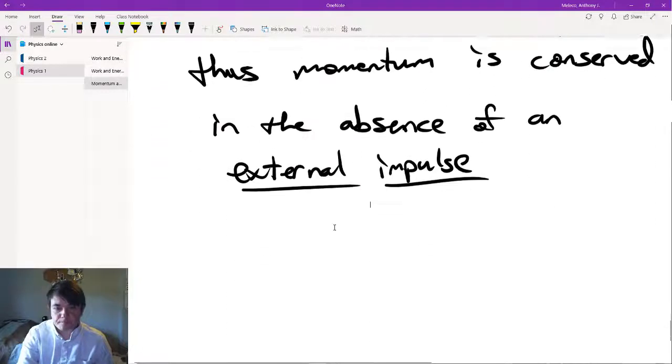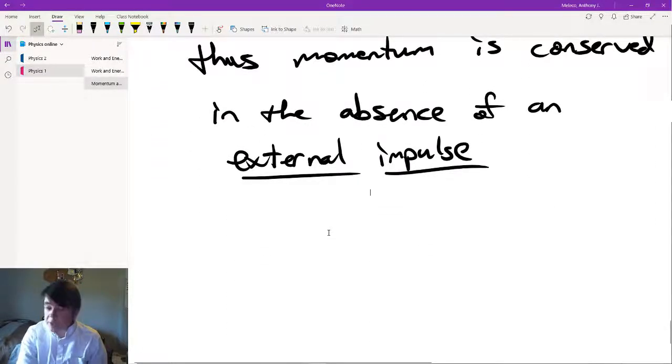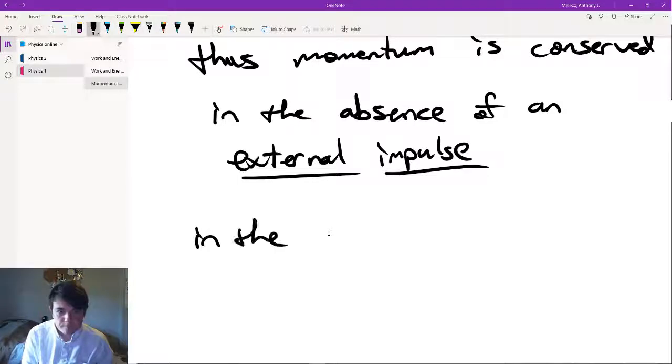And that's similar to work and energy, where you can say in the absence of external work, energy is conserved.